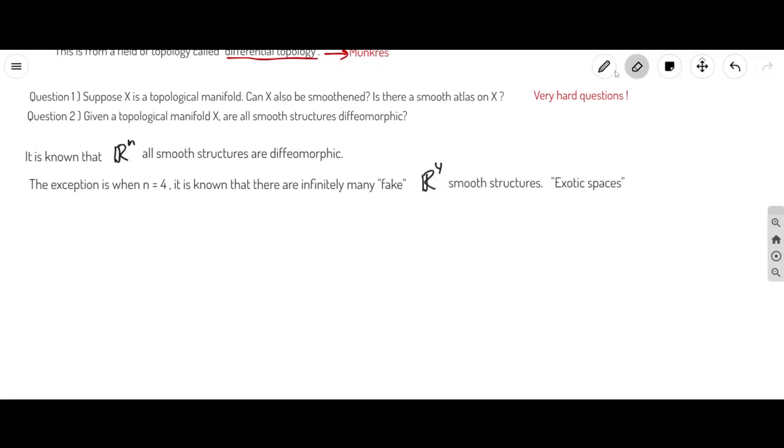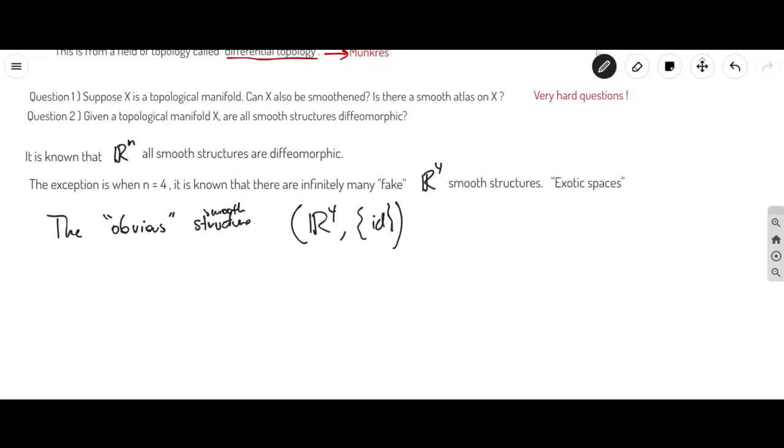Now, the obvious smooth structure that you put on R^4 is you take R^4 and use the identity map, so you use an atlas consisting of a single chart. That's the most obvious way to do it. But there are other ways to do it which are not diffeomorphic. So it's interesting that all of these R^n are diffeomorphic to each other, no matter what kind of smooth structure you use, but then everything falls apart for n equal to 4.